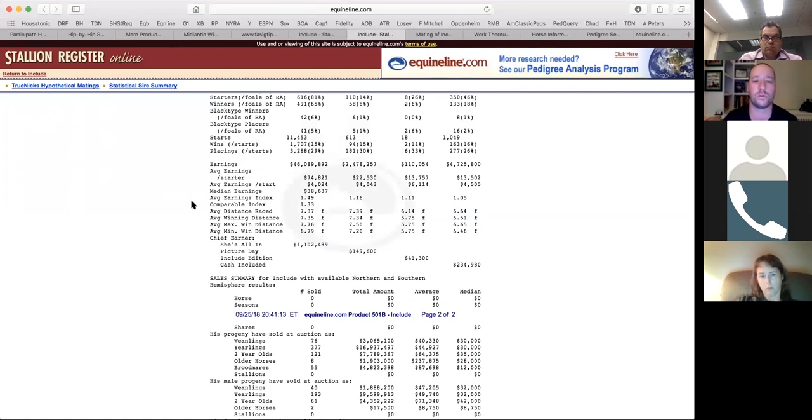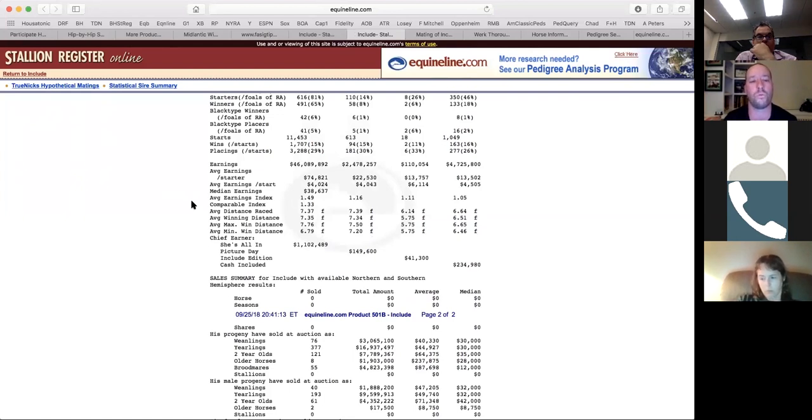So Include has his runners at 1.49, so he's 50% higher average earnings than the breed average. That number in and of itself is good. It's not great. The really good stallions are up at like 2.5 now or higher.